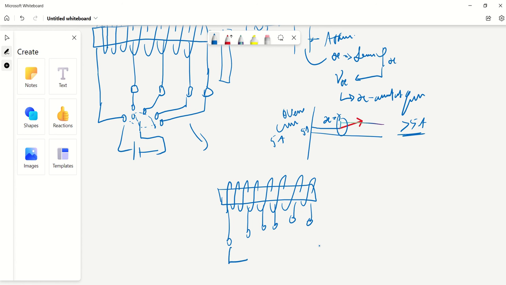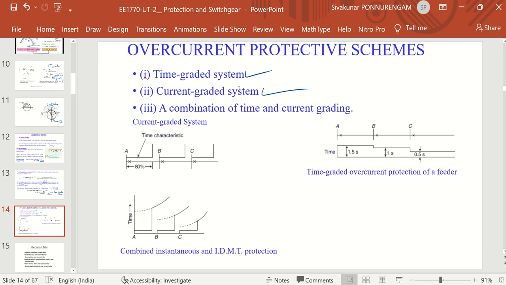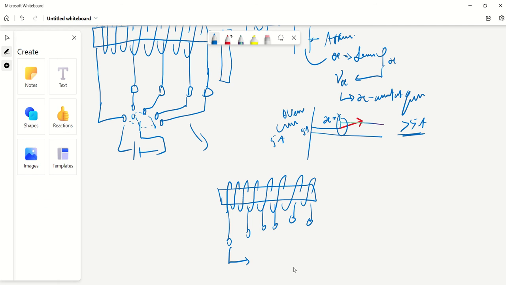This is the basic thing for consideration. Next is the time grading, and then the current grading. Here we consider current grading. Suppose we want to trip the relay at different positions in radial systems.